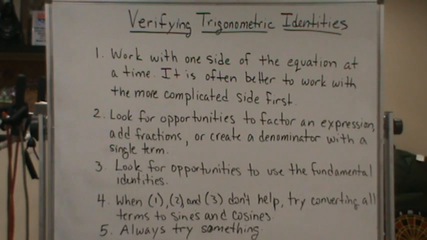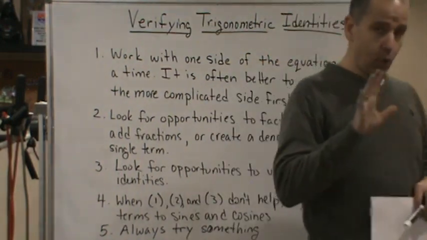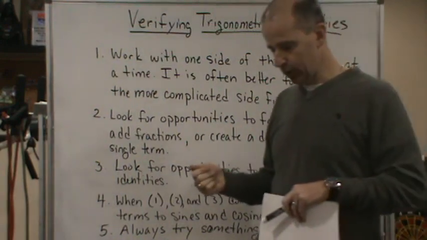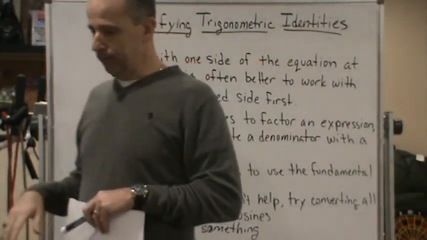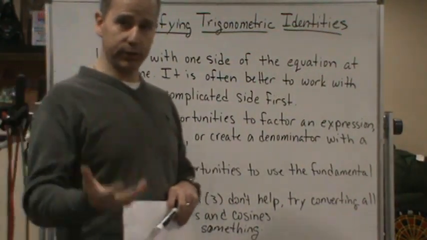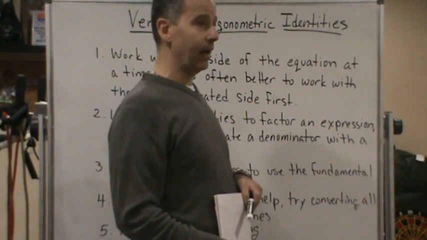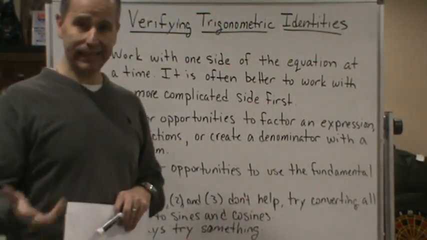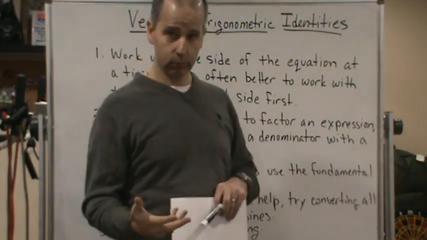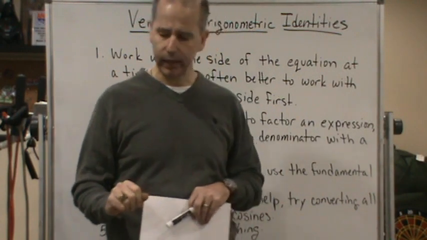Now, also remember that a conditional equation is only true for certain values of the variable. For example, the equation sine x equal to 0 is only true when x is equal to some integer multiple of pi.